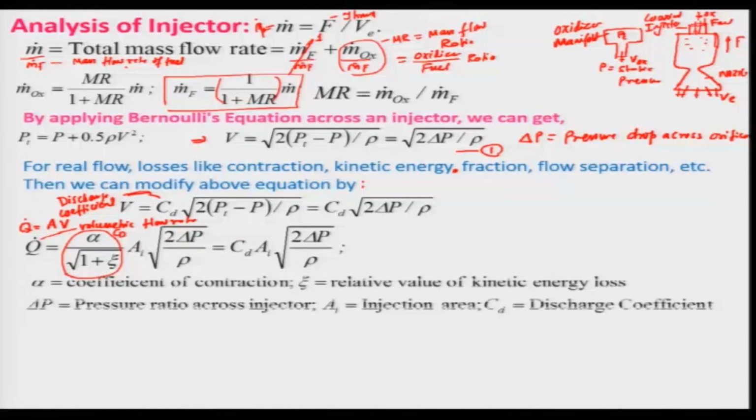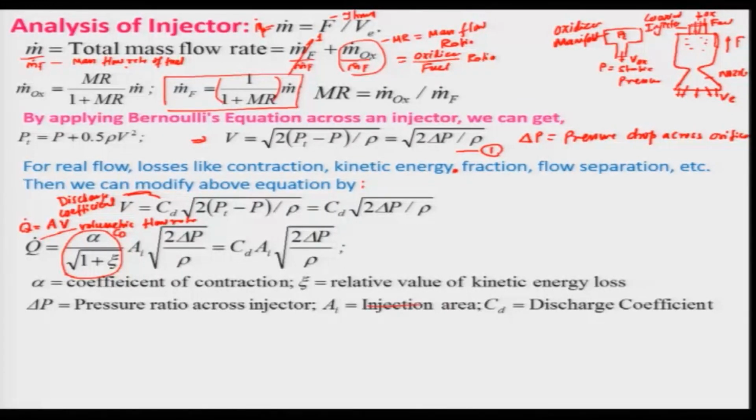Keep in mind that alpha is the coefficient of contraction, zeta is the relative value of kinetic energy loss, delta P is the pressure drop across injectors, and A_I is the injector's cross sectional area.